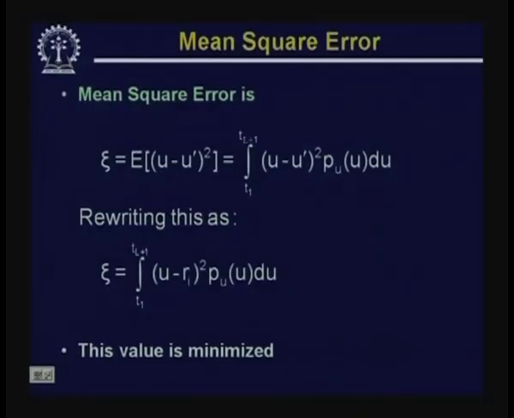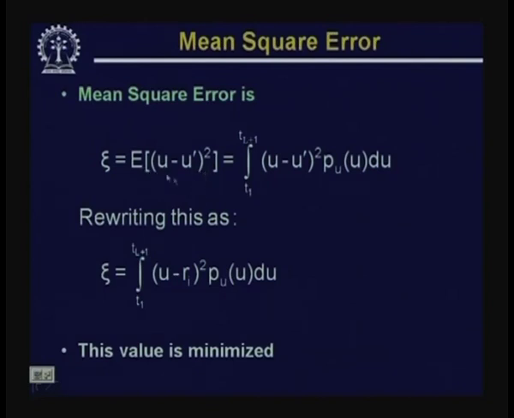Now, you remember that u is the input signal and u prime is the quantized signal. So, the error of reconstruction is the input signal minus the reconstructed signal. The mean square error is given by the expectation value of u minus u prime squared.